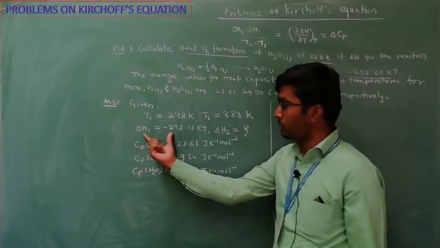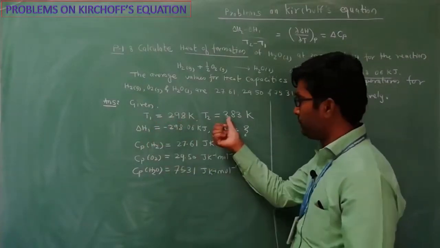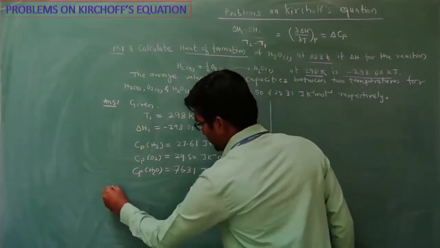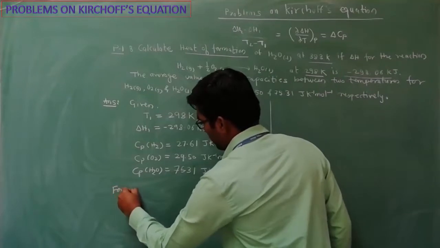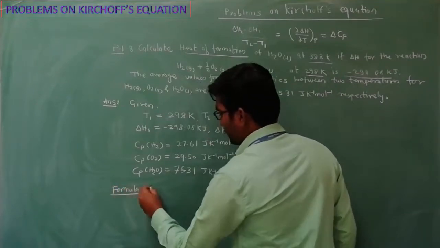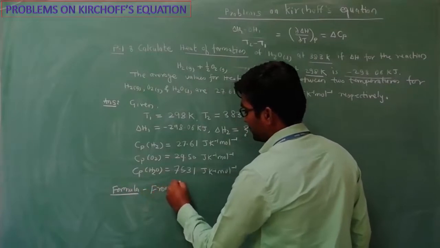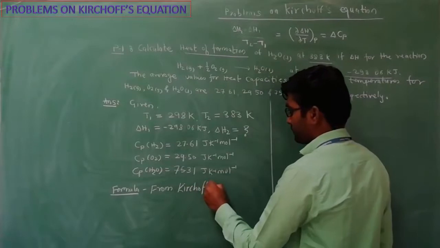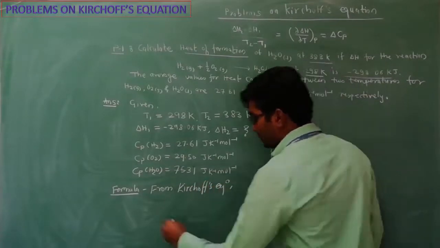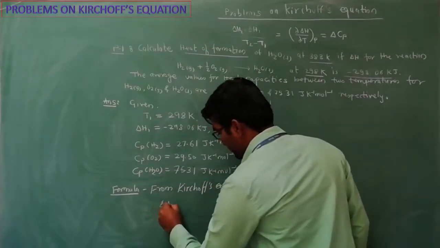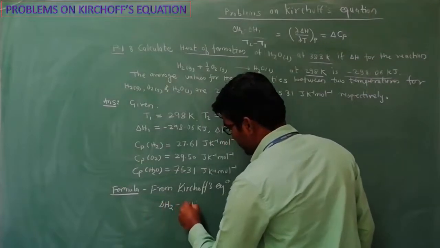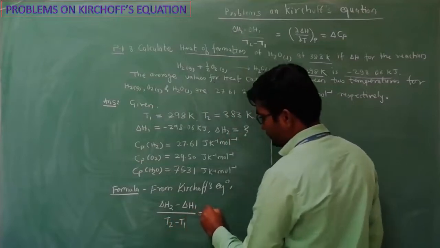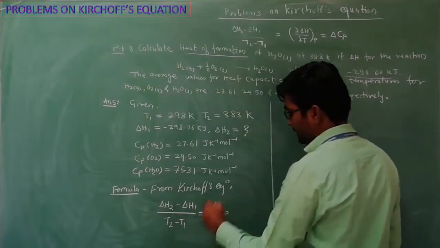Delta H1 we know, T1 we know, T2 we know. Let us find out delta H2. Then use this formula. So what is the formula? Now write down the formula from the Kirchhoff equation: (delta H2 minus delta H1) upon (T2 minus T1) is equal to delta Cp.